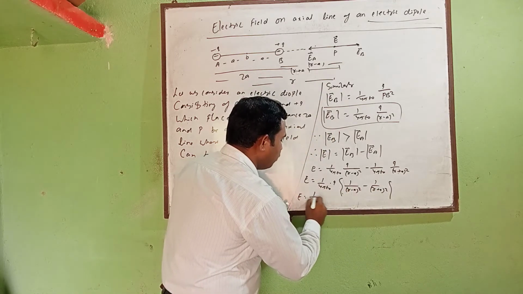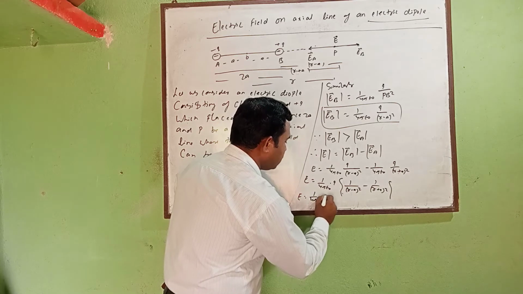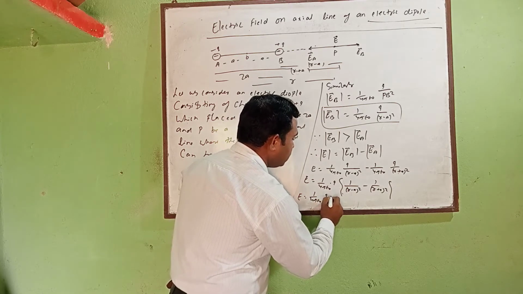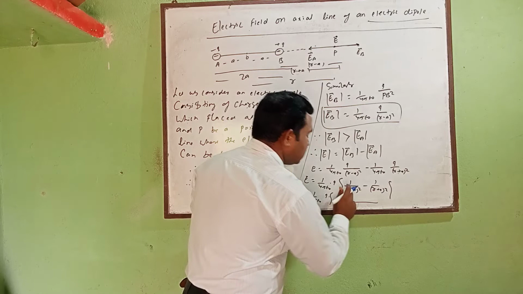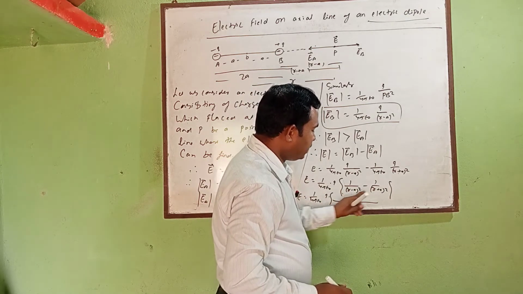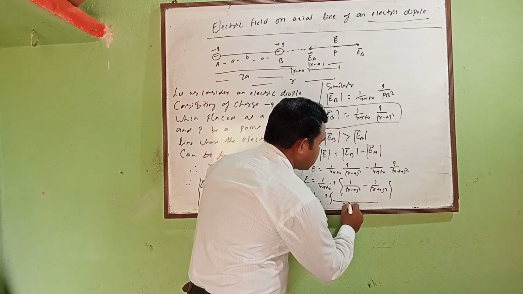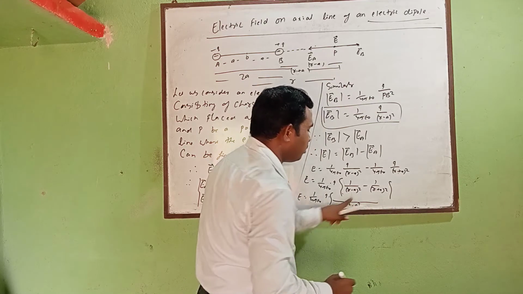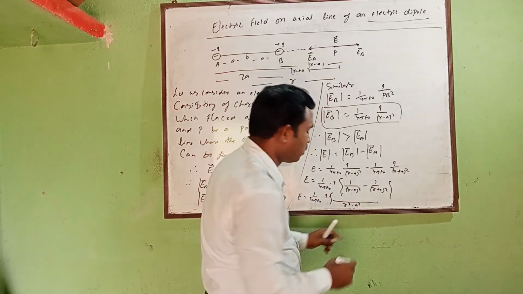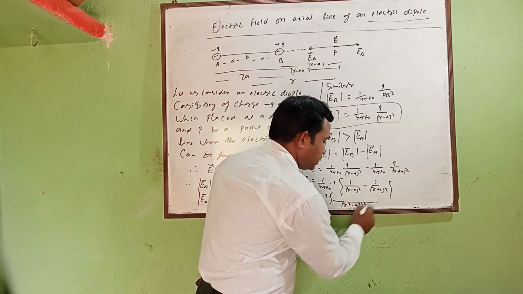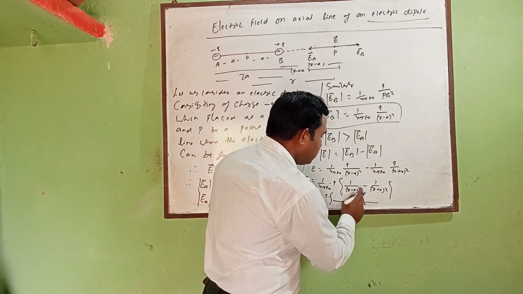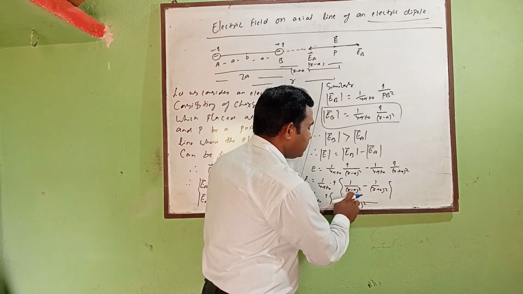So equal to 1 by 4 pi epsilon naught Q into, take the LCM, (R minus A) and (R plus A). So you will write here R square minus A square, but both terms have the square, so you will also write whole square.